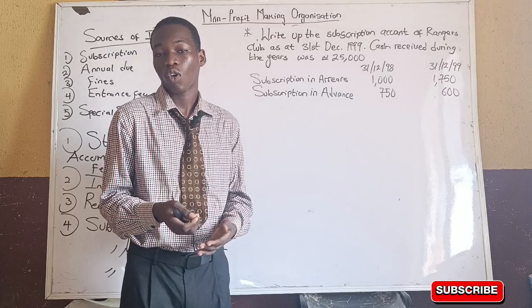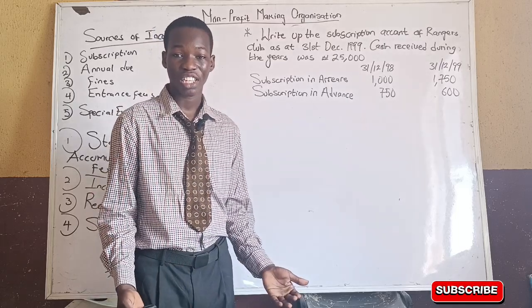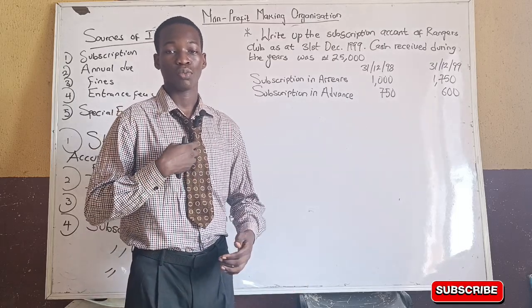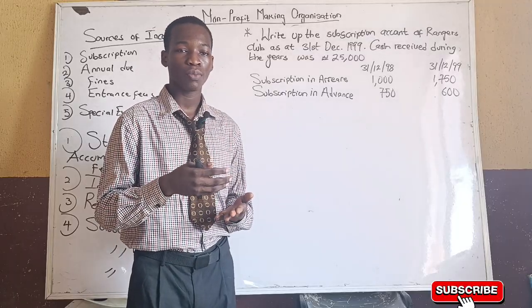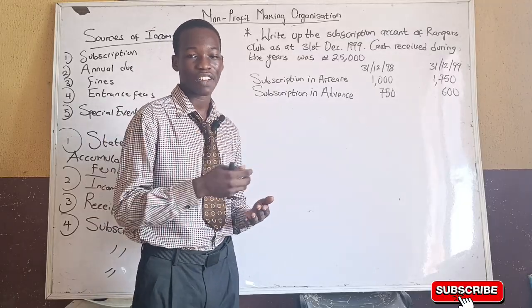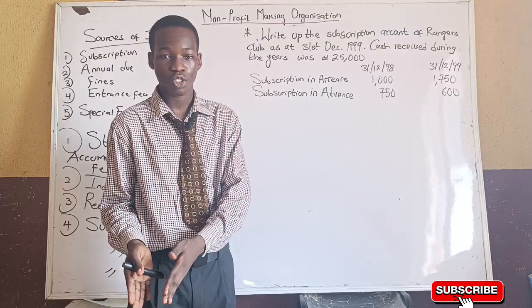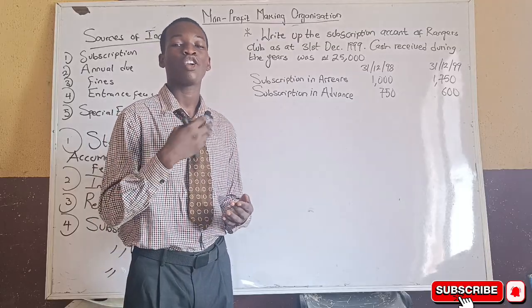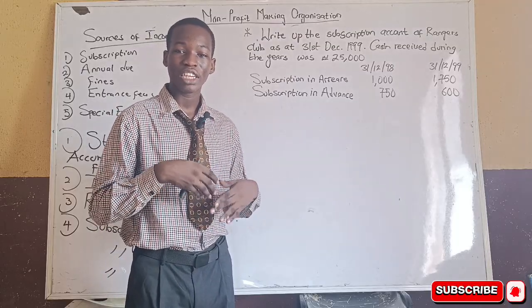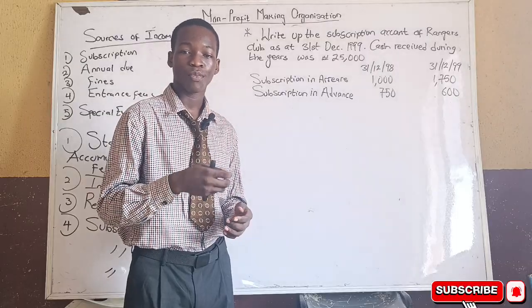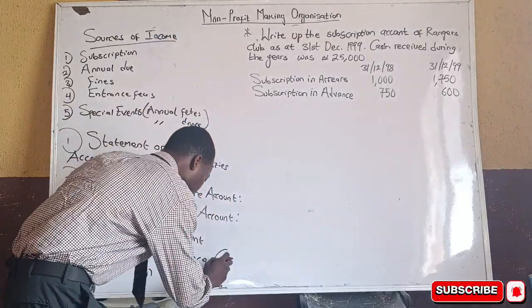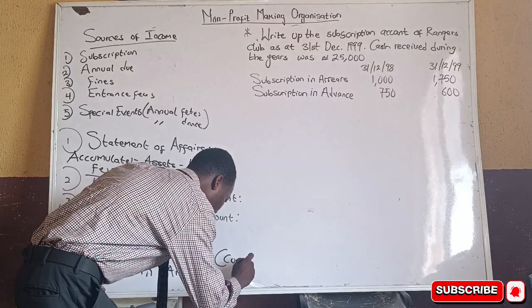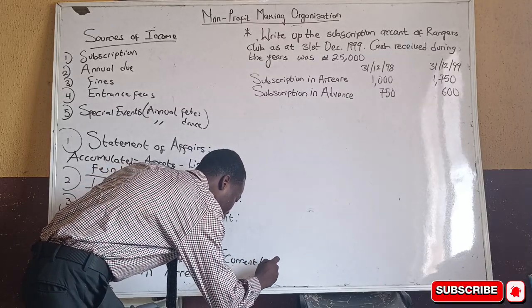The member can still come and collect the money back since it's not for this year. Therefore, it is a liability to me. When we relate it to service, I have not yet provided the service, but the person has paid. It simply means that I have an obligation, right? Therefore, subscription in advance is a current liability.